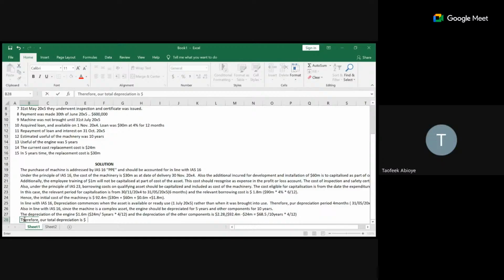That is 1.6 plus 2.28, which is 3.88. That's our total depreciation.